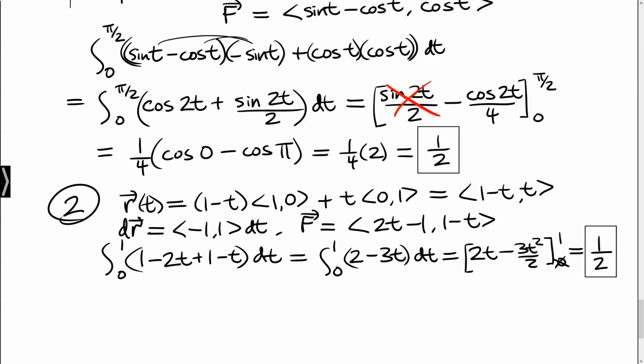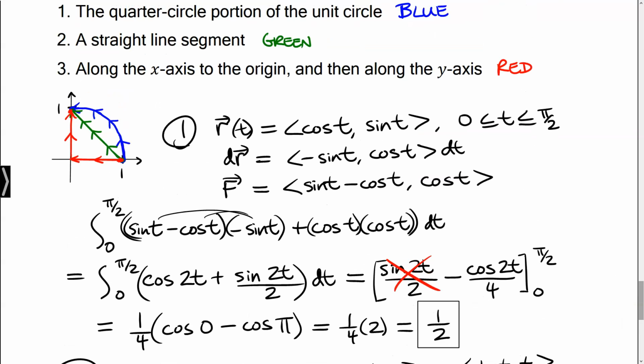Now for the third one, let's not set anything up. Let's just go back and look up here. So for the third one, along this first piece here, notice y is identically 0. It's 0 everywhere there, which means dy is going to be 0. Okay, so y is equal to 0 and y is not changing. Along the second piece here, x is equal to 0 and dx is equal to 0 because x is not changing.